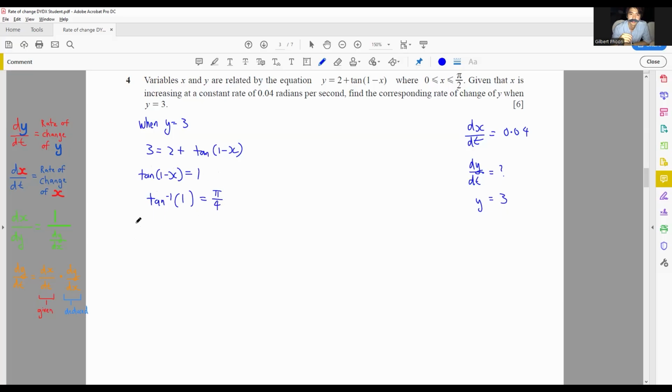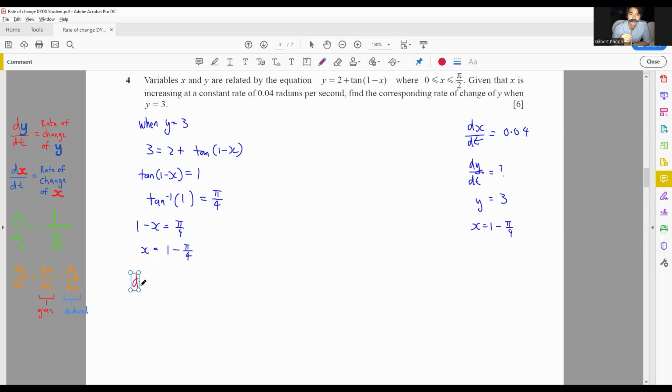Therefore, 1 minus x equals pi over 4, and x will simply equal 1 minus pi over 4. Once again, I remind you guys that before we reach the final answer, I want my values to be as exact as possible. So now I have this extra information: x equals 1 minus pi over 4. Then I'm going to continue with the rest of the question.